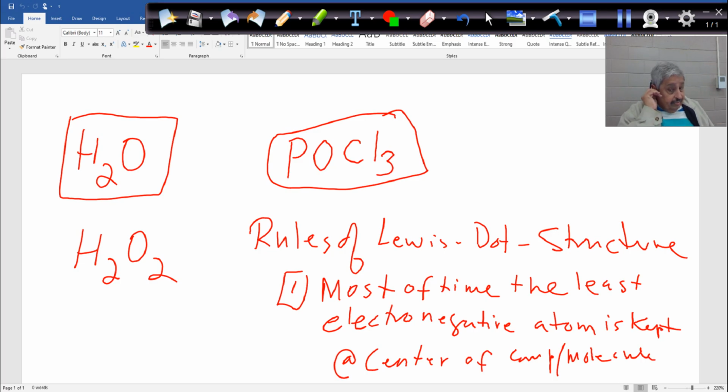Okay, guys. Number 2, I should have written. If you look at this, number 2, the most electronegative atoms are always, mostly, kept at the edge, not in the center. So when I say this, let's take those examples here. We'll come back to them. Let's take them out.